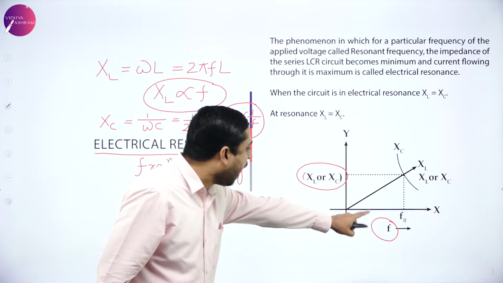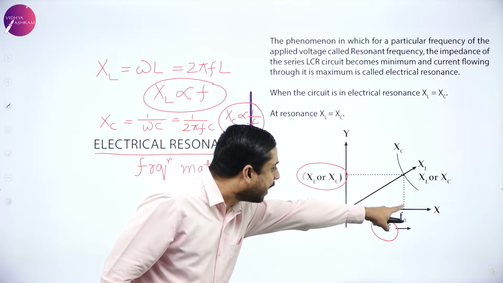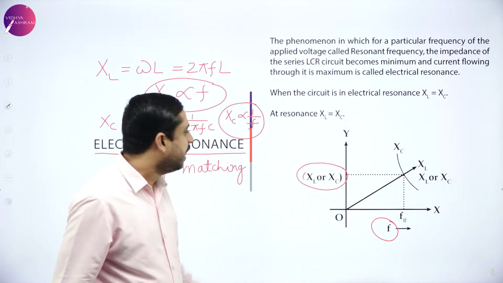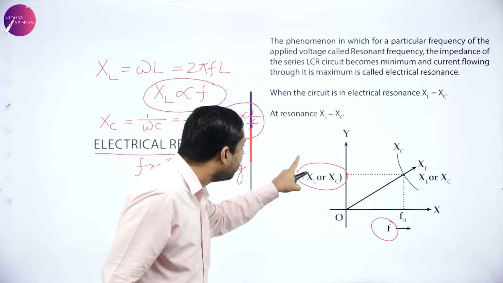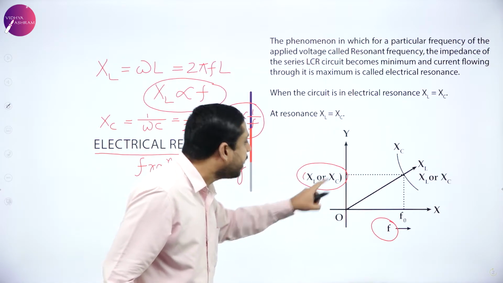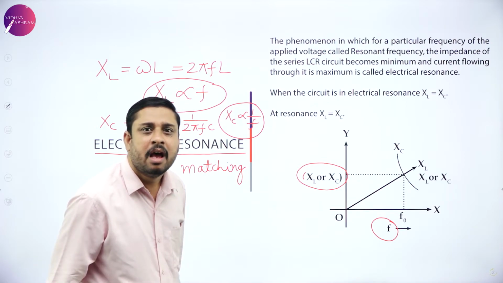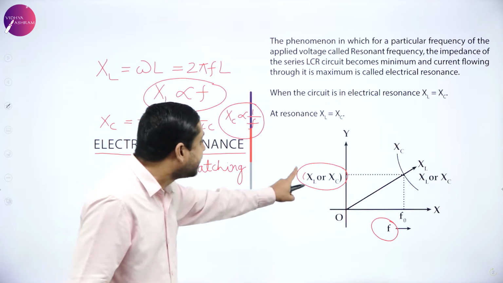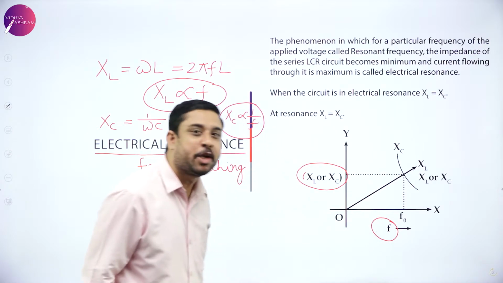First case, how should XL behave with respect to frequency?